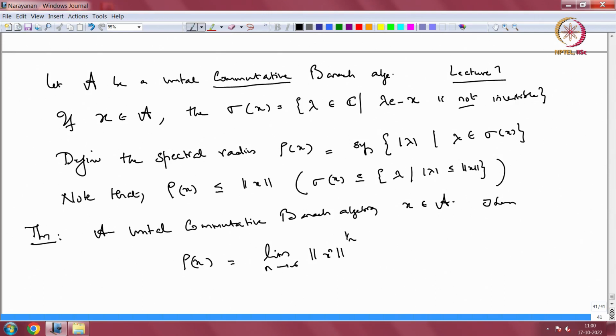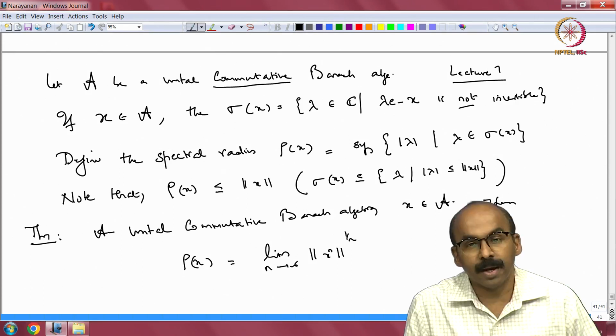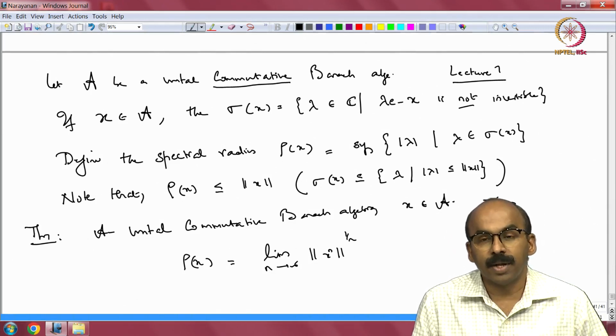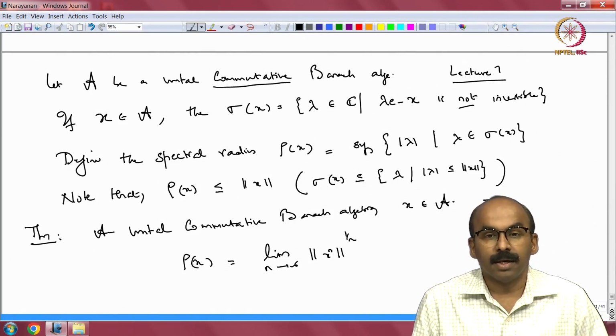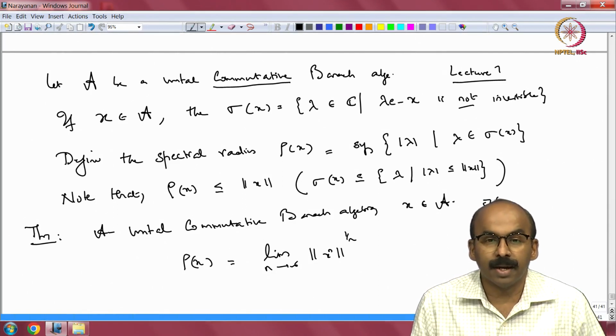Okay. So, you look at the norm of x to the n. So, x to the n is an element in A, it is x multiplied by itself n times, and then you take the norm of that and take the nth root, 1 by n, and then take the limit.